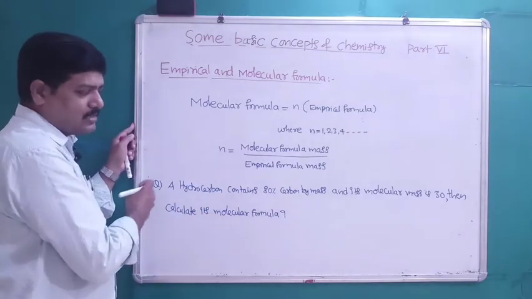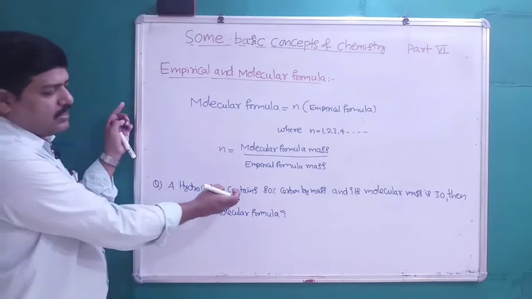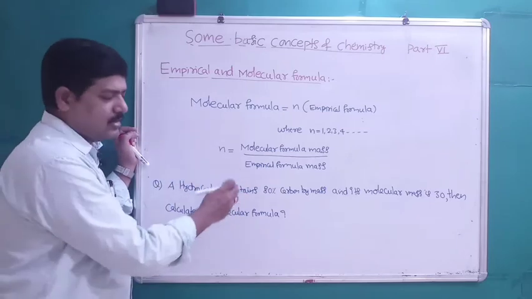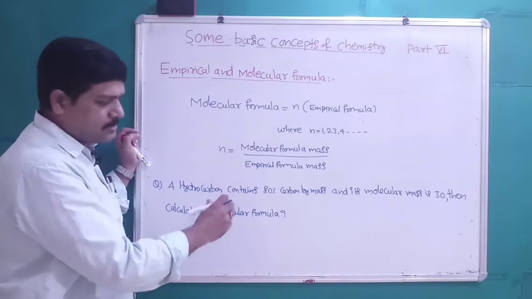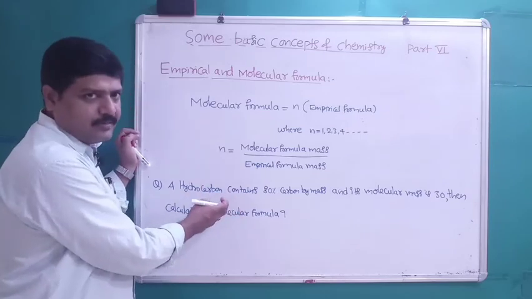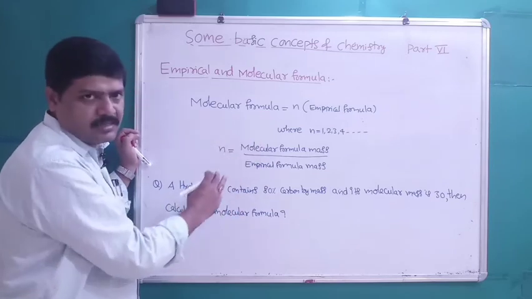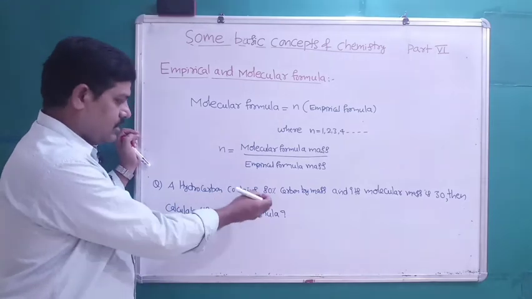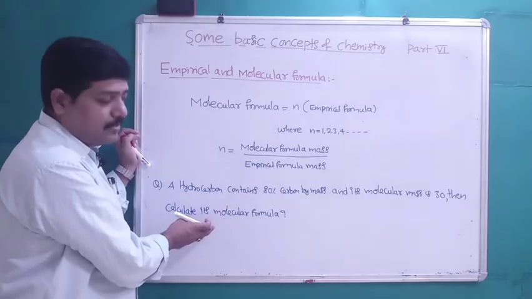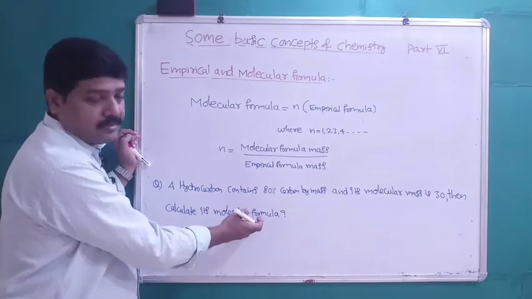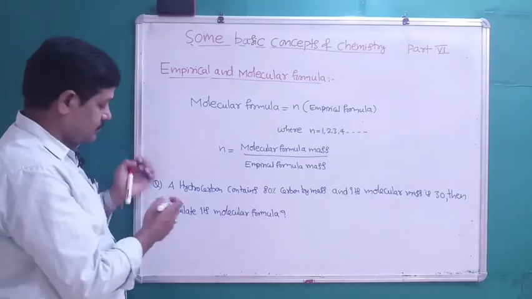Students, first let us calculate the empirical formula straight away without discussing the steps. We will take one question, discuss the steps, calculate the empirical formula and then finally calculate the molecular formula.